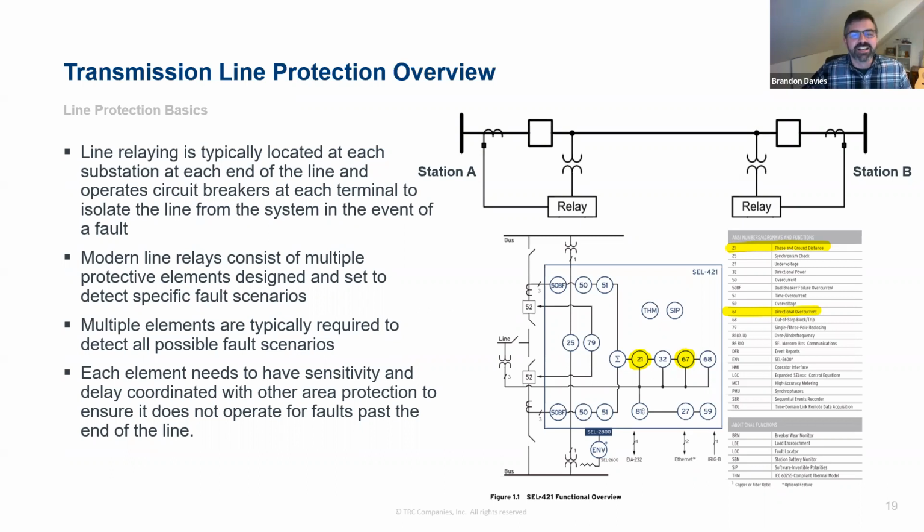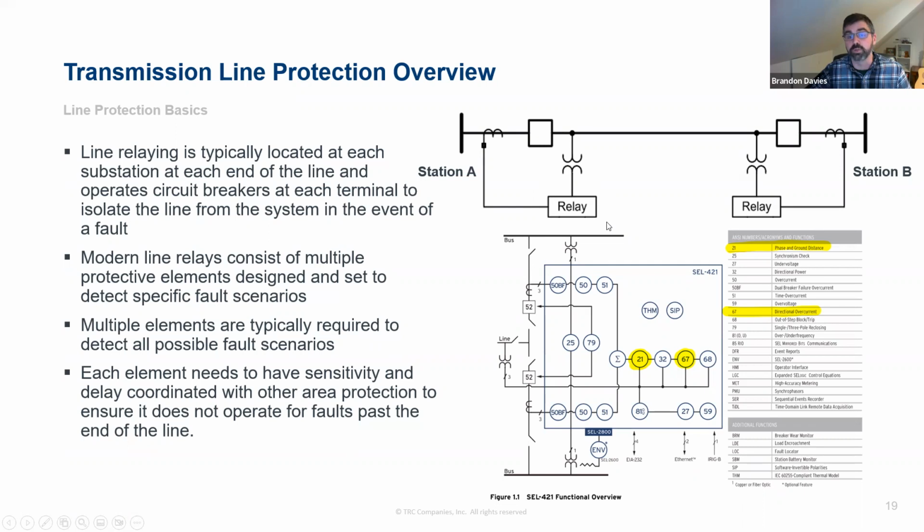So now that we've covered a little bit about the fault response for different types of faults, locations, considerations for transmission line faults, the next thing we want to start thinking about as protection engineers is how are we going to respond to those faults? So typically we're going to have on each terminal of a transmission line a relay, or more commonly these days, redundant sets of relays.